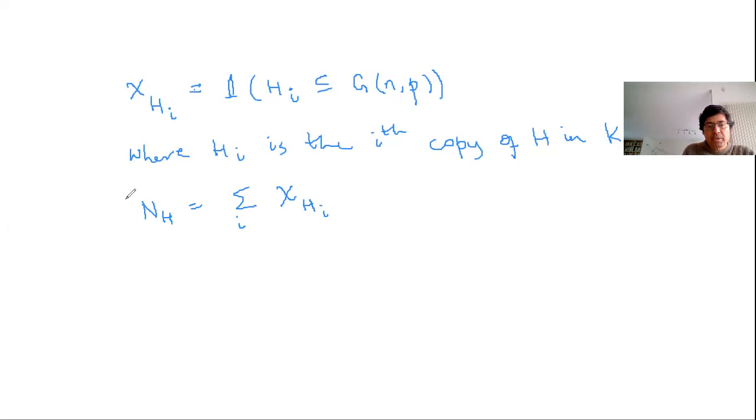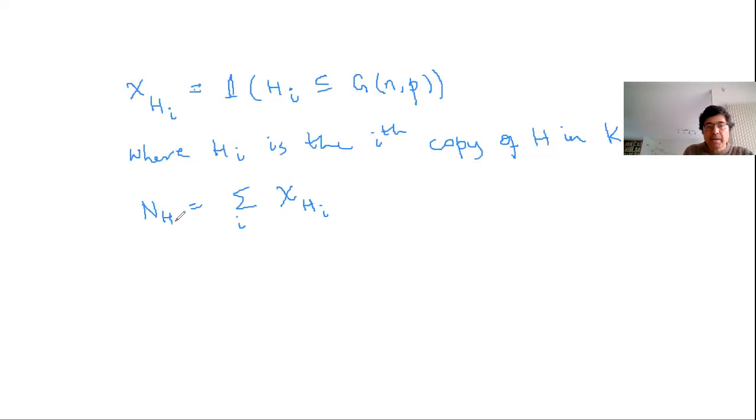We computed the expectation of this random variable by linearity of expectation. It's the sum of the expectations of the indicators. So we calculated the mean of N_H and then used Markov's inequality to bound the probability that there is at least one copy of H in G(n,p).